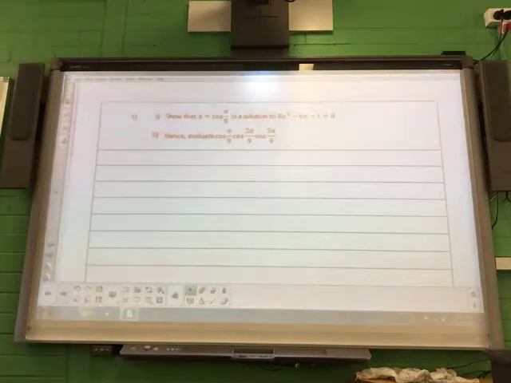Okay, so show that x equals cos of pi on 9 is a solution to that polynomial. Okay, hence evaluate that. Just chop it.